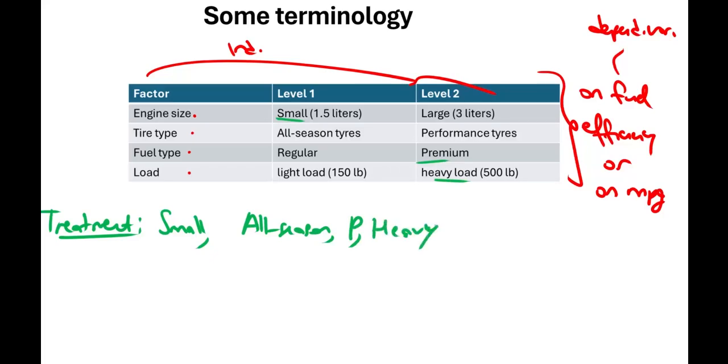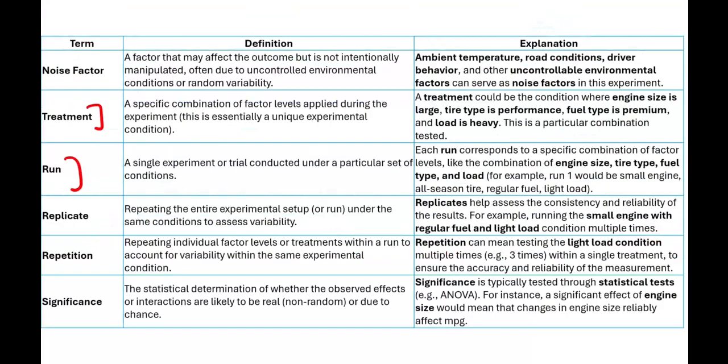Then we can run the experiment once. You can run it again, and then you will have a second run, but the treatment is always the same. So you can repeat the experiment and have more runs, but the same number of treatments.